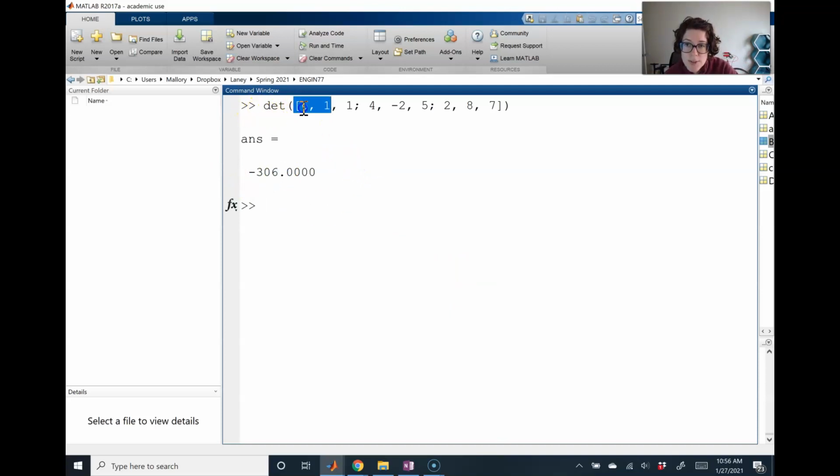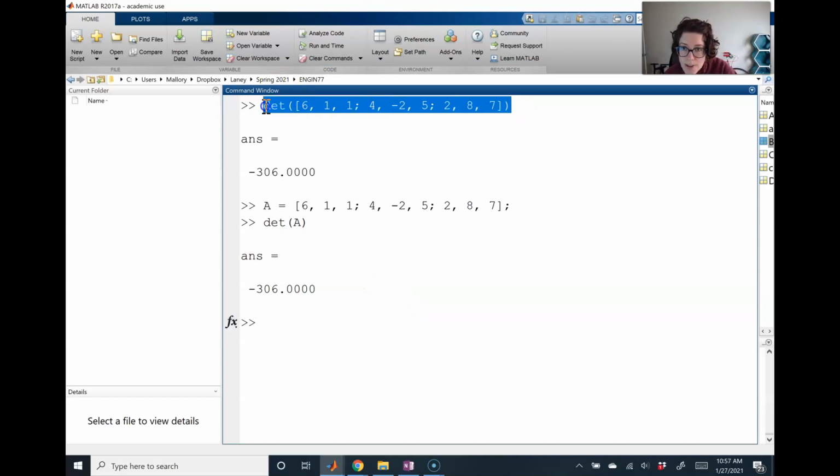Now, I put the matrix directly into the function here. I could have just as easily said that A is equal to 6, 1, 1, 4, -2, 5, 2, 8, 7, and then said take the determinant of A, and it solves it that way.